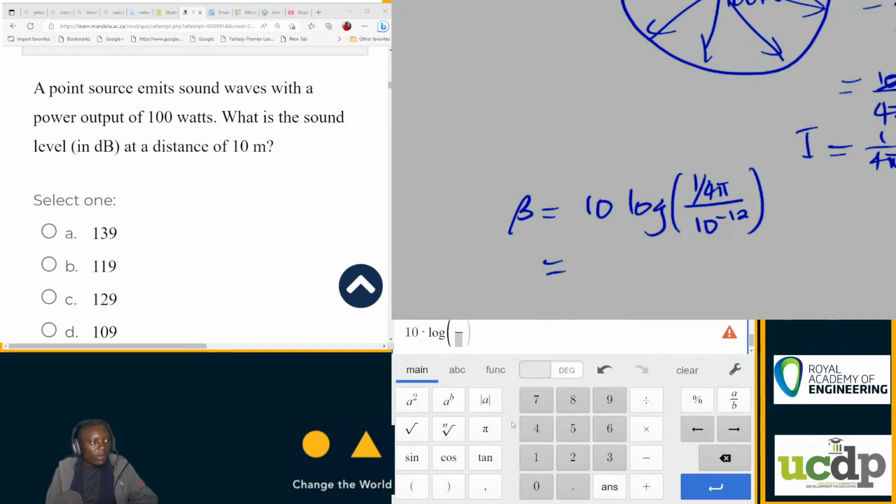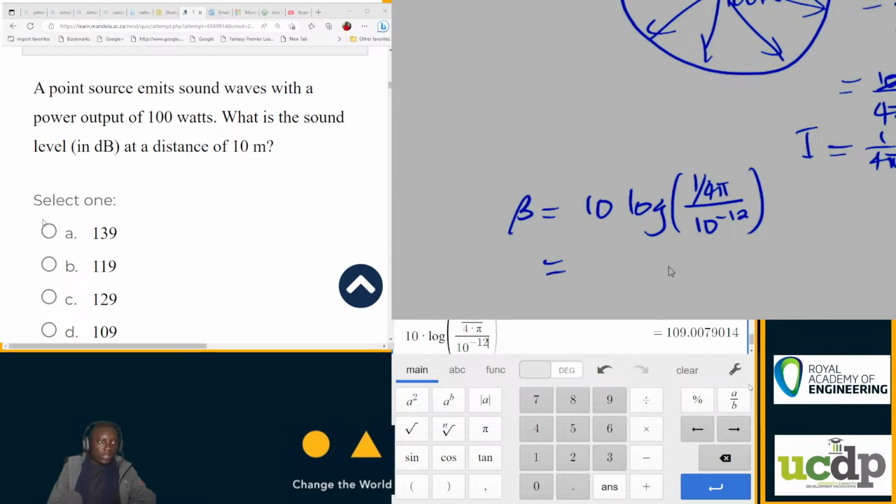That's 1 over 4 times pi divided by 10 to the power negative 12.